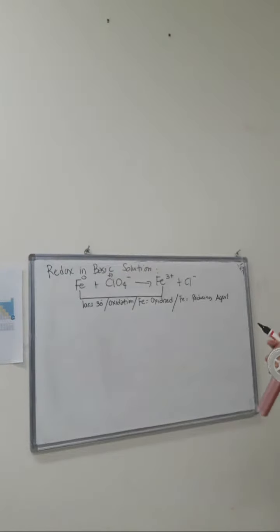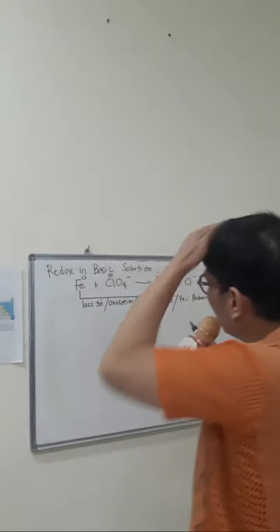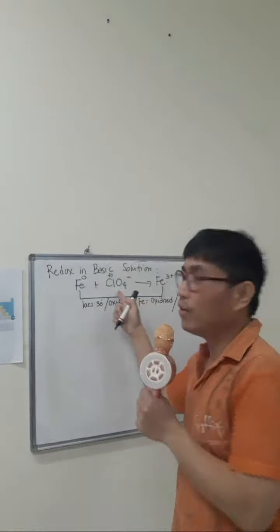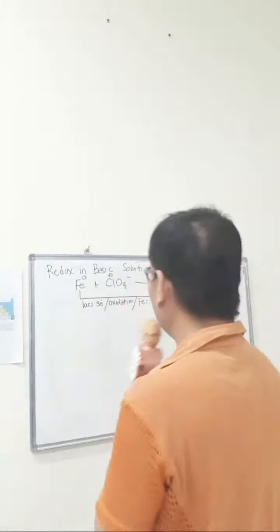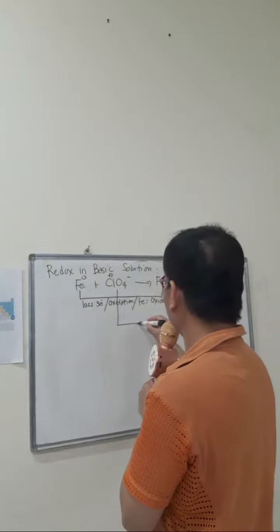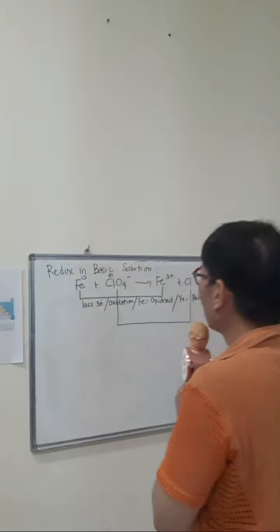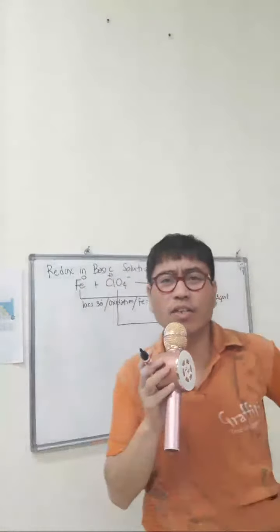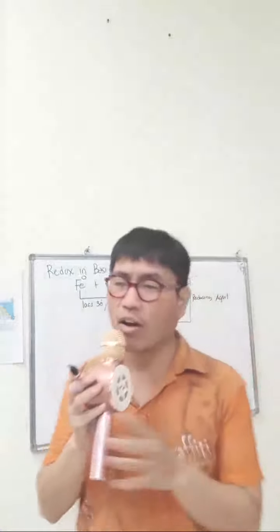Then secondly, we need to determine the partner of oxidation, which is reduction. It's going to be in the polyatomic anion perchlorate. From positive 7 oxidation number to negative 1, there's a decrease in the oxidation number, meaning a gain of electrons.